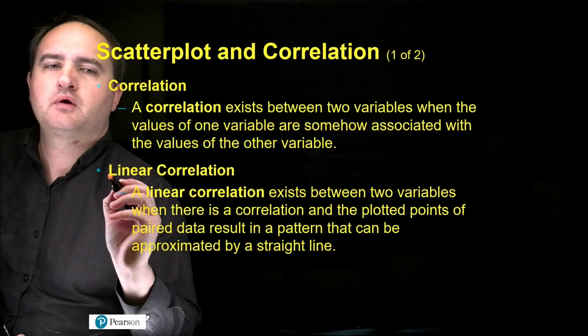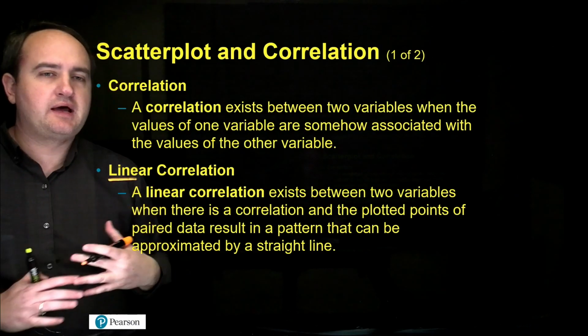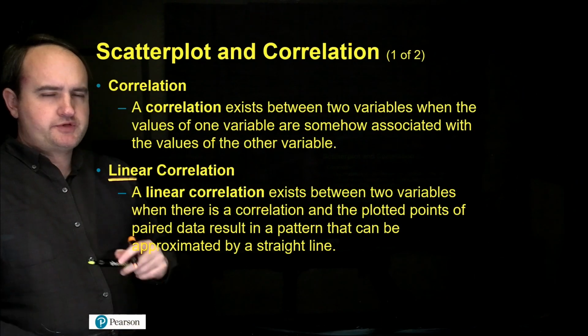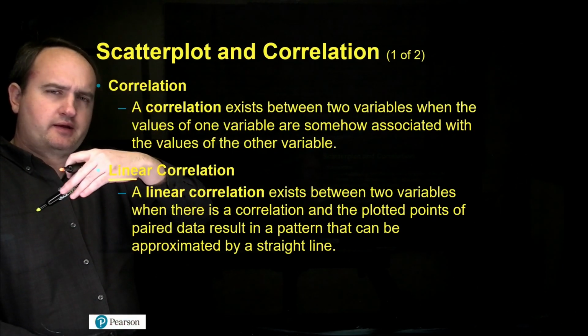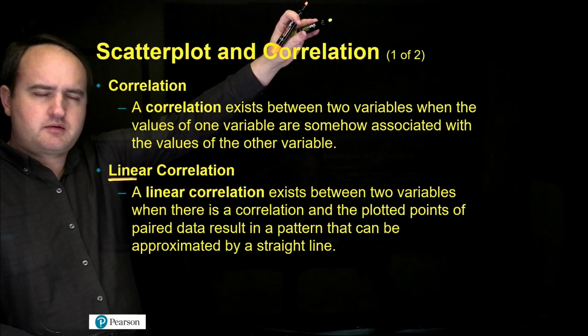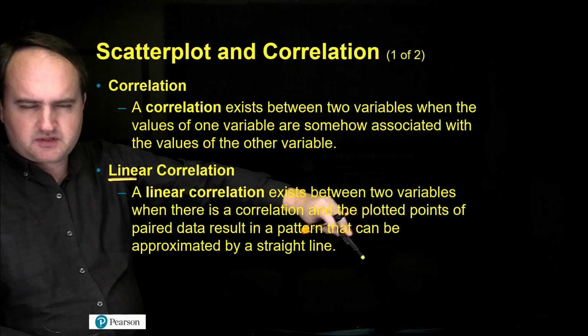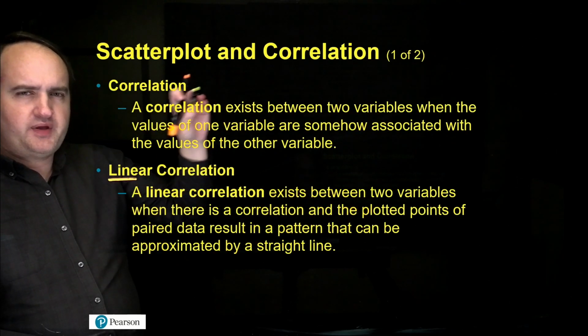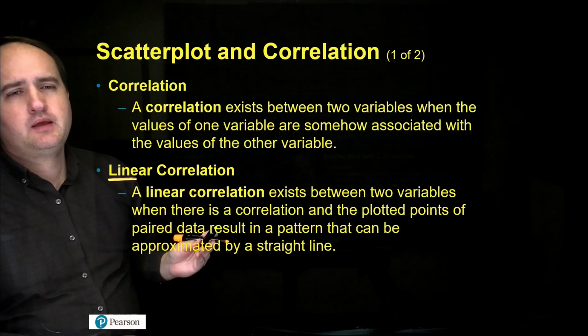And once again, the word linear, just look at it, it has the word line built into it. So we're just talking about, well, looking at our scatter plot, does it follow a straight line? It could be a diagonal line with a positive slope. It could be a diagonal line with a negative slope. But it does have to follow a straight line. It can't be any other shape.